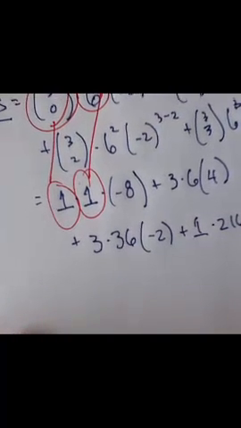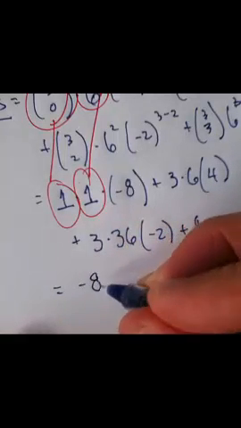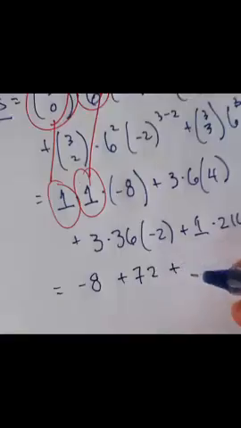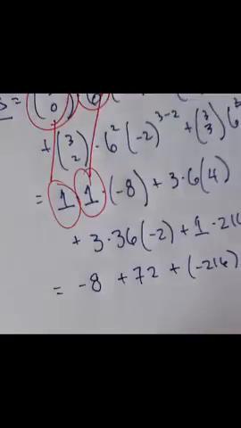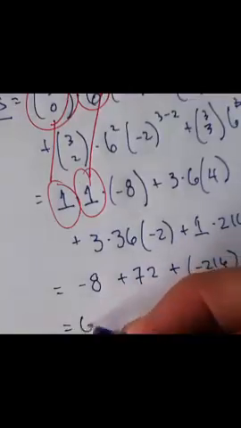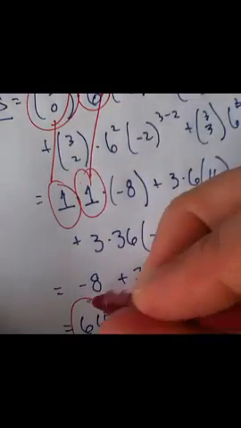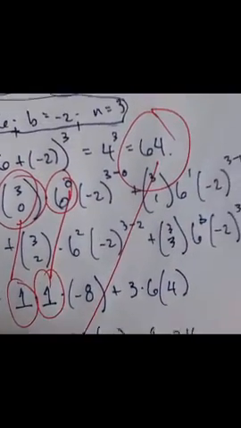So all this becomes negative 8 plus 72 plus negative 216 plus positive 216, and of course this is 64, just like we got up here. They're the same. So this indeed works.